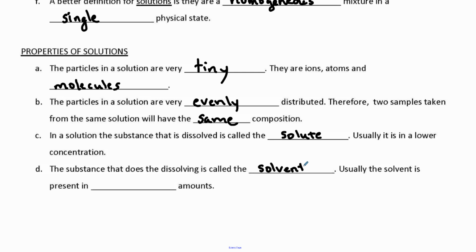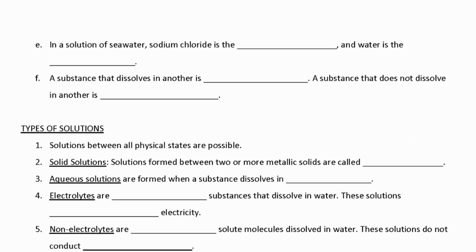Okay, so in salt water, water's the solvent, salt is the solute. We dissolve the solute in the solvent. Okay, so in a solution of seawater, just salt water, sodium chloride is the solute, and water is the solvent.